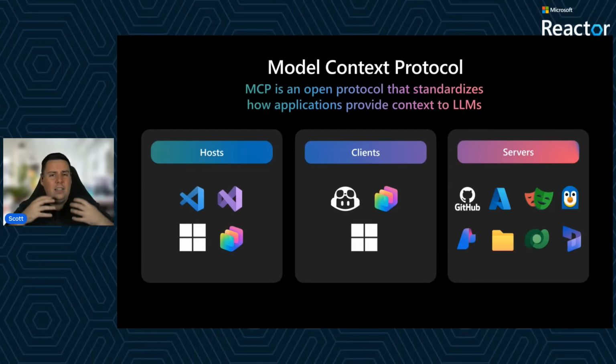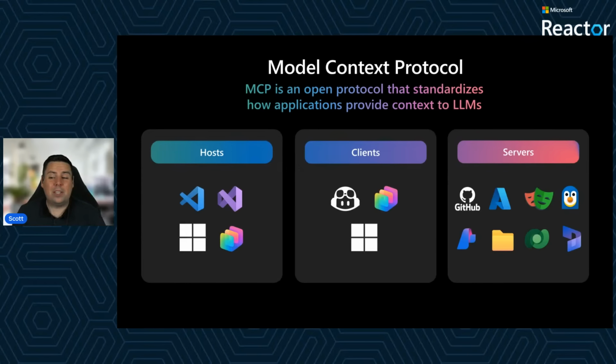Clients are tools that use MCPs. This could be GitHub Copilot, it could be Visual Studio Code, it could be maybe a custom application. Servers are the actual tools themselves, where they run, or the actual implementation of the MCP tools themselves.